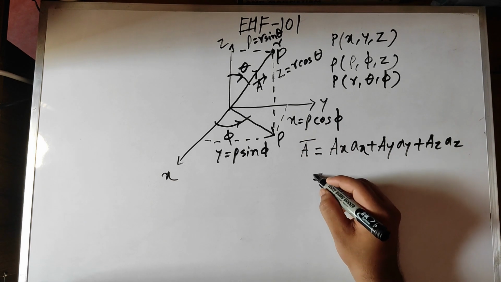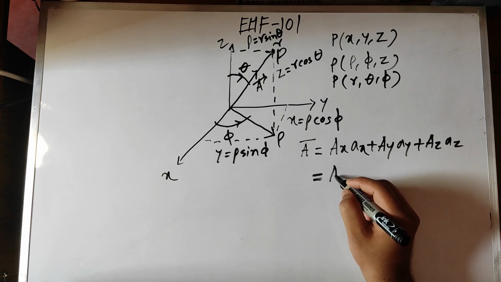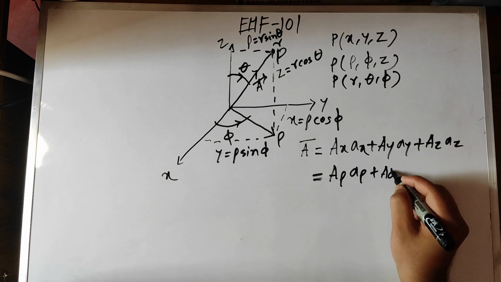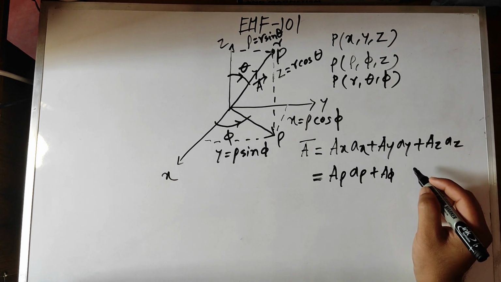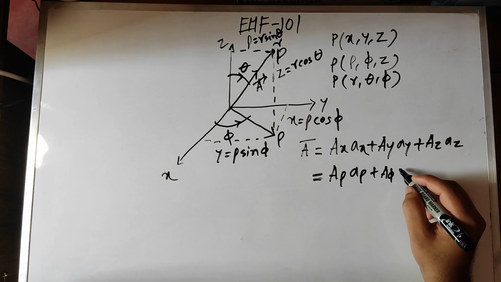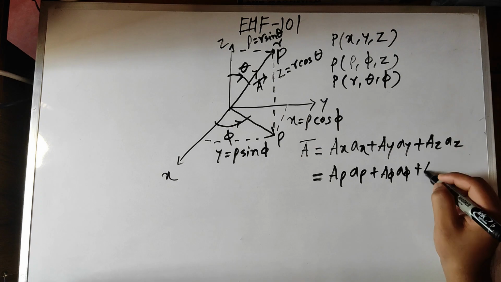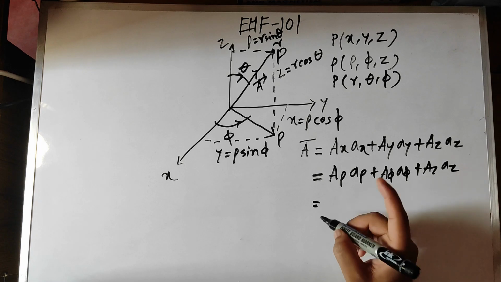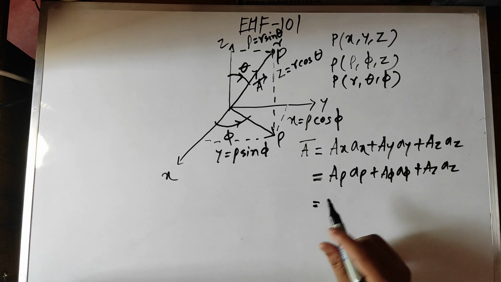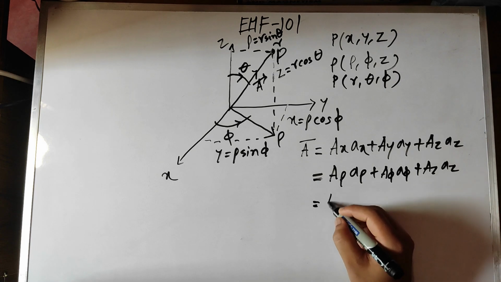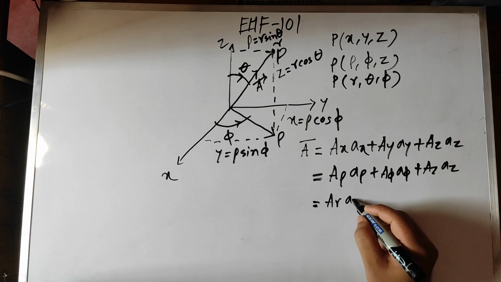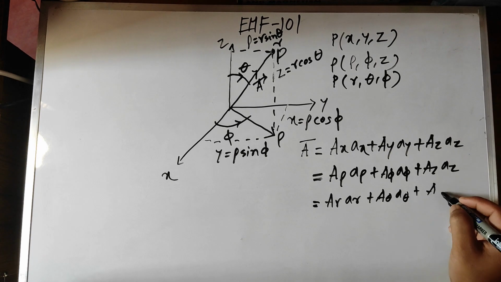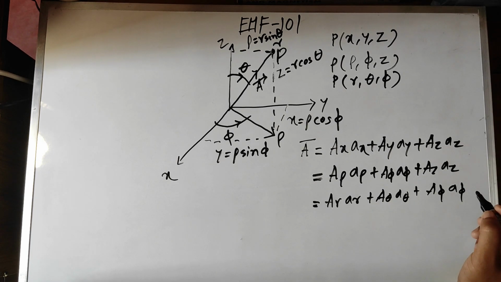In cylindrical, it gives A rho in the direction of a rho, plus A phi in the direction of a phi, plus Az in the direction of az. In spherical, the vector which goes through the point P is Ar in the direction of ar, plus A theta in the direction of a theta, plus A phi in the direction of a phi.